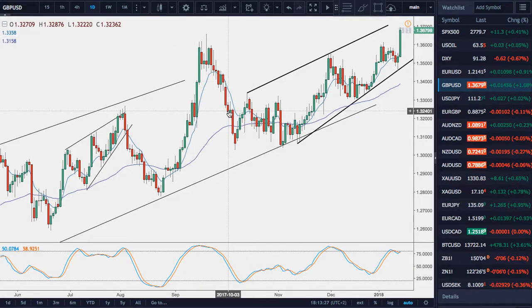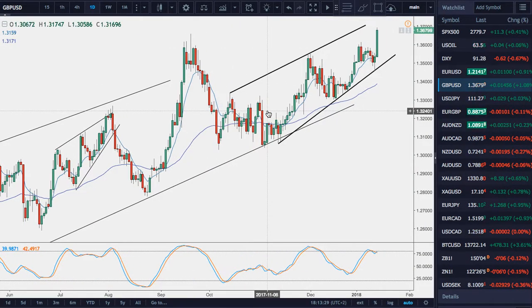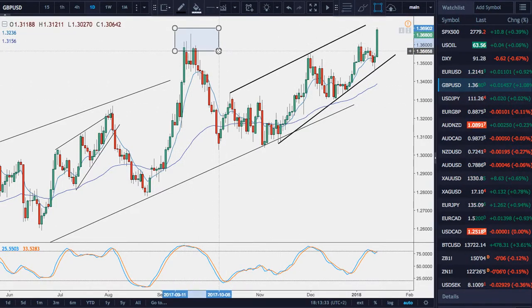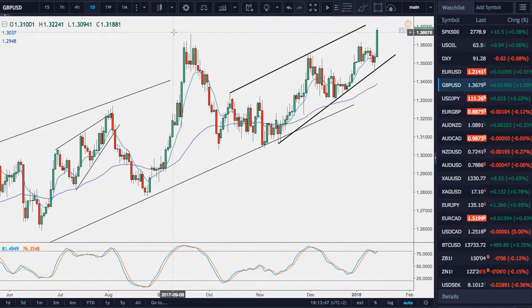Well, technically, it's still within this possible wedge here. The point I mentioned before was that a new high here was preferred, because it started to give evidence that it was not likely to find a high beneath that and roll over. But now that it's entering new price territory above this high, and it's already broken through, it is more likely to find that reversal now and to turn lower.